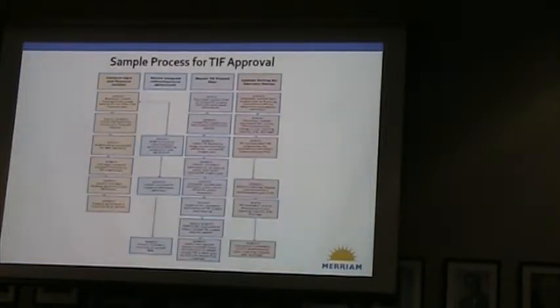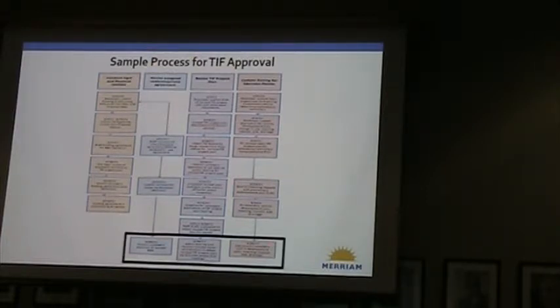This is a sample approval process for TIF, specifically made small so you can't read it, and as difficult as possible. But basically the whole point of all of this is to show you that despite we've got 4 different tracks for this particular TIF example, we try to bring them all forward to council for final approval on one night, so everything is laid before you.